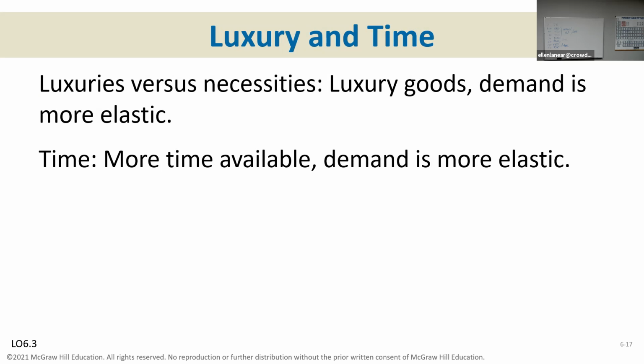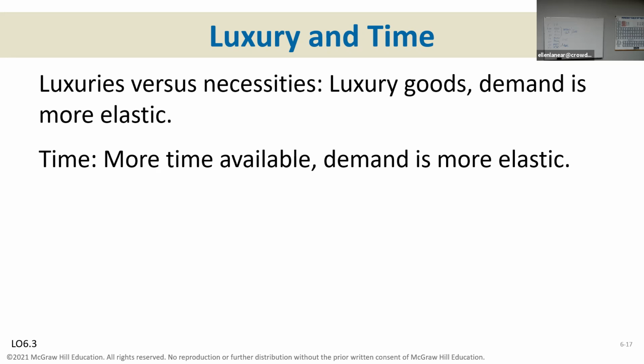They may double or triple in price and you would hardly notice because you buy them so seldom, but everybody has them. There's not really a substitute for salt and pepper. Probably ketchup, same thing. We've probably all got ketchup in the fridge.